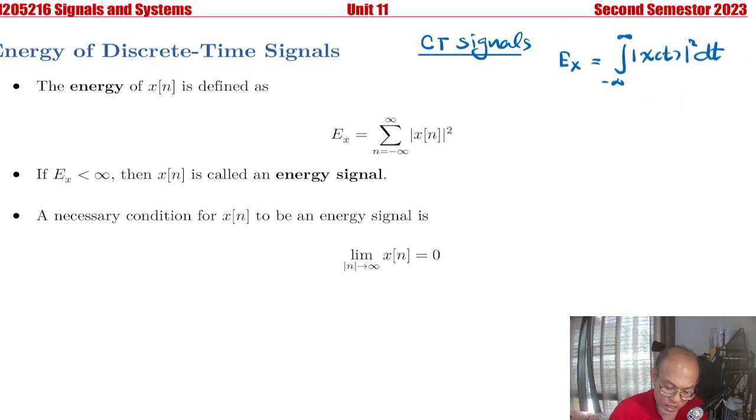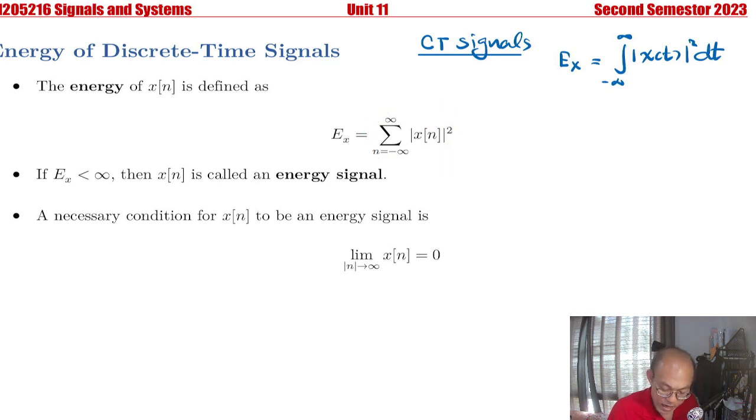But when the signal is a discrete time signal, then instead of doing integration, we're going to do summation here, and the magnitude square is the same, except that the variable that we are summing, instead of t, is now going to be n. The magnitude of x of n squared, summed over all n.